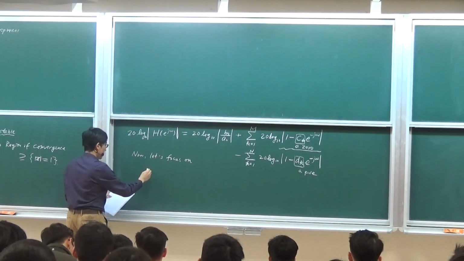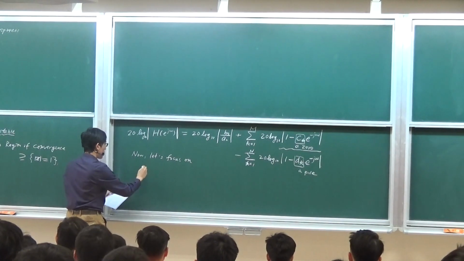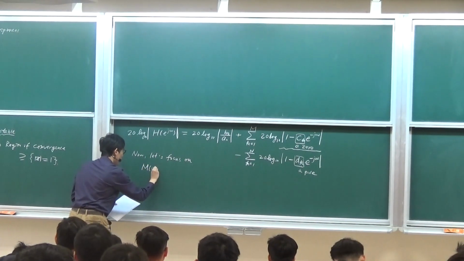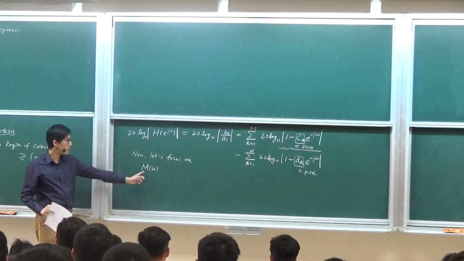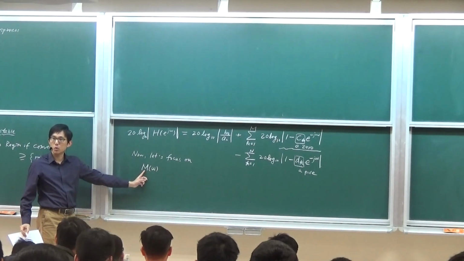I'm going to give it a name. This magnitude response, after taking 20 log 10, let's denote it as a big M of omega. M stands for magnitude. Okay?